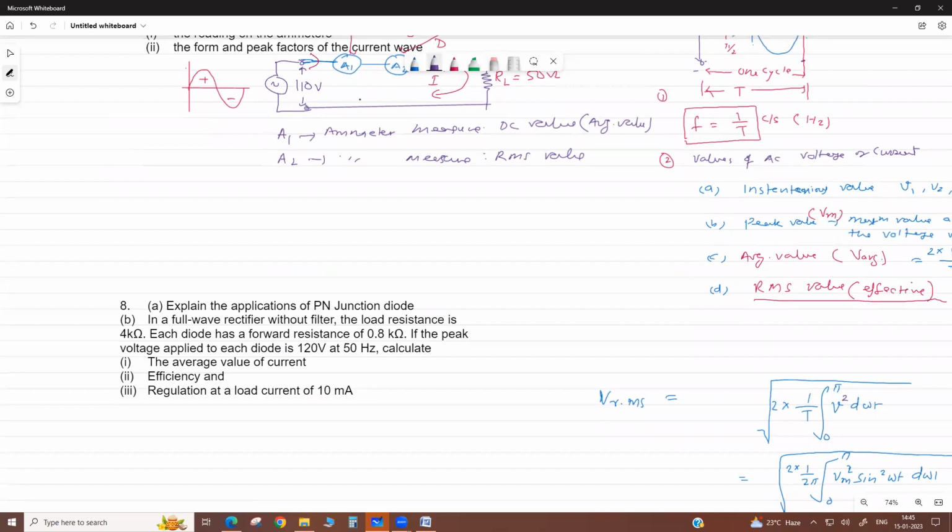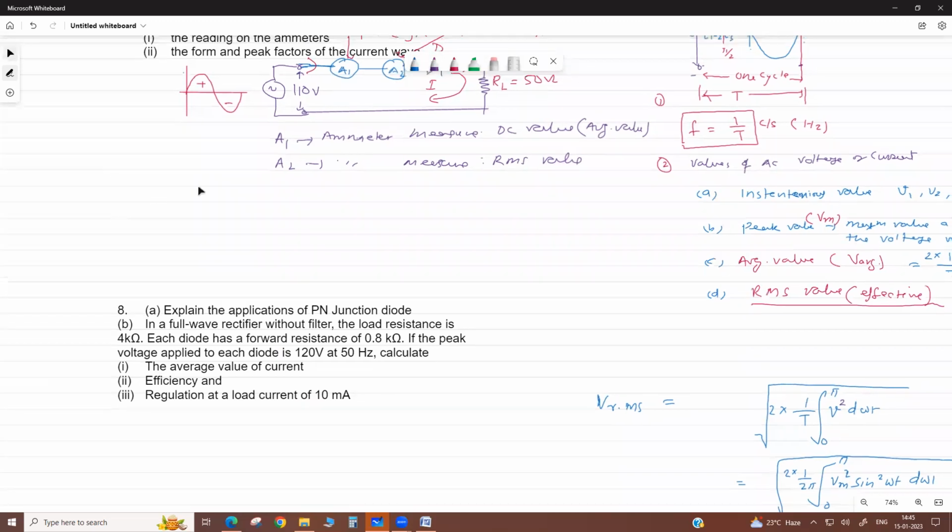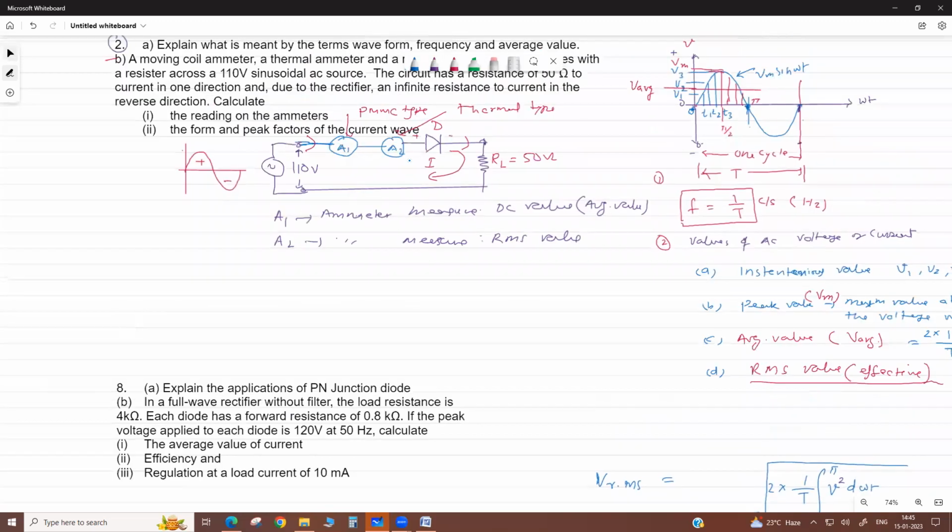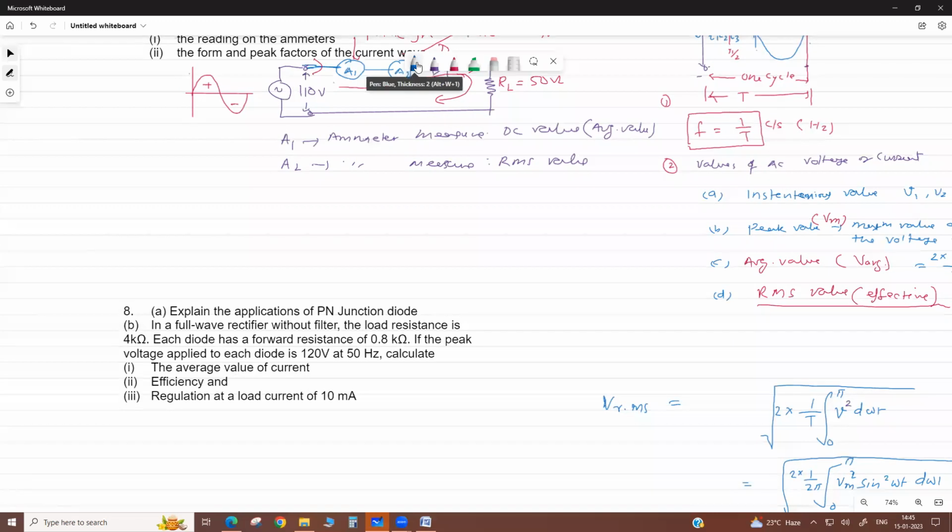Now we calculate the current flowing through this circuit. Suppose the positive current is flowing through the circuit. How do we calculate?